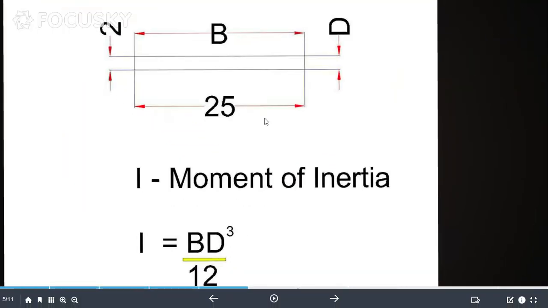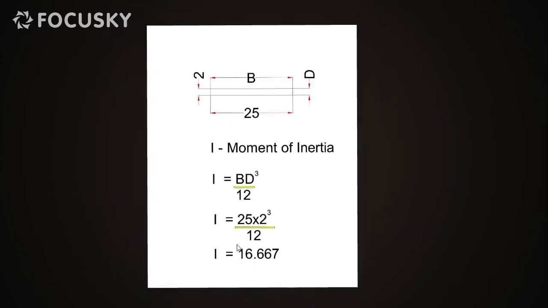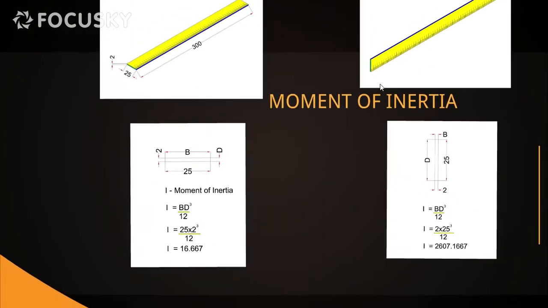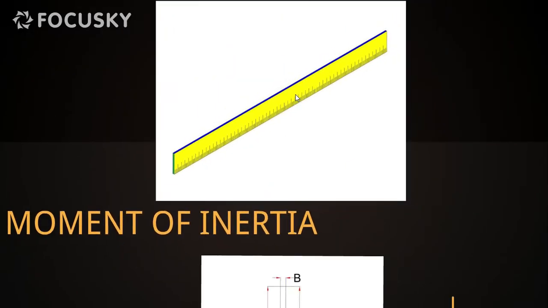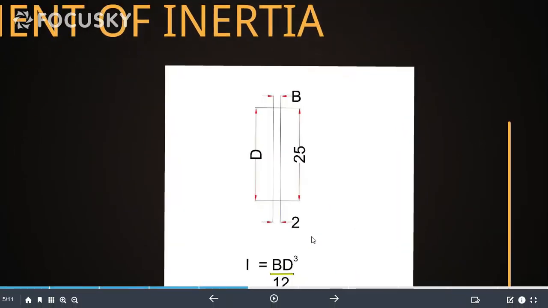So when we find the moment of inertia, assuming the scale's cross section as a rectangle, we get the value as 16.667 units.